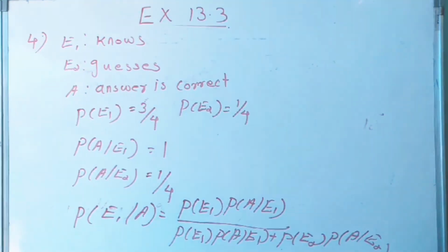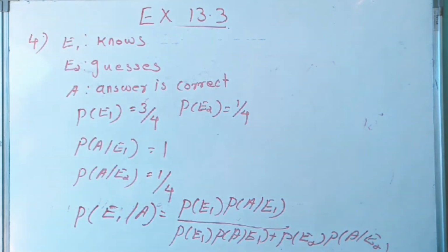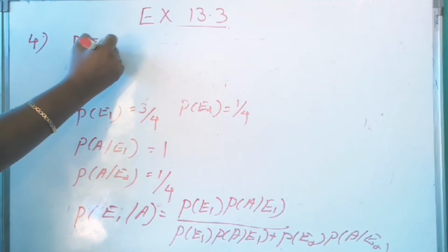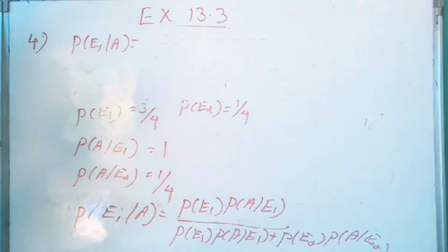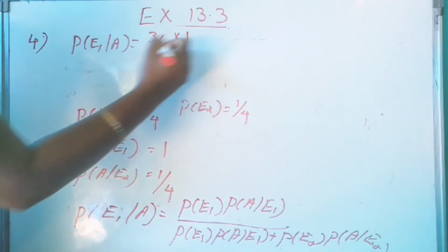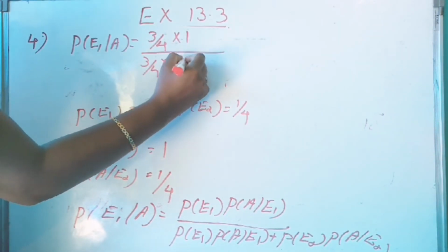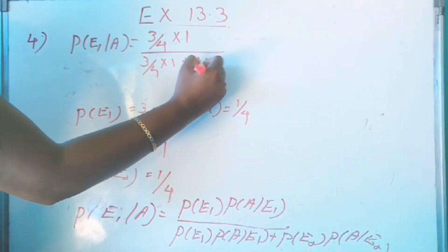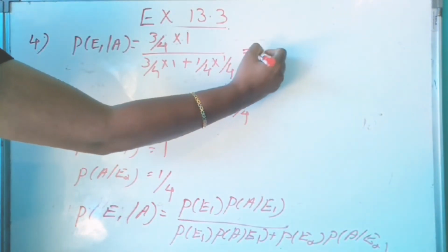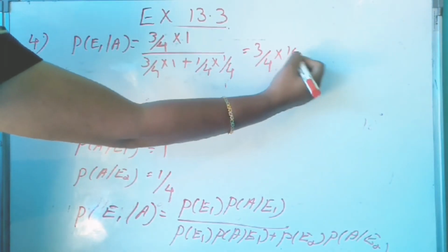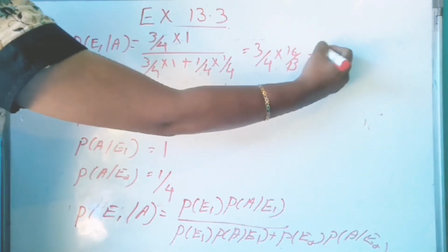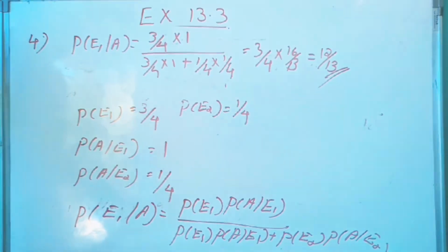Now, just substitute the values. P of E1 is 3/4 into P of A given E1, 1, divided by 3/4 into 1 plus P of E2, 1/4, into 1/4. So you will get 3/4 into 16/13, that is equal to 12/13. This is our answer.